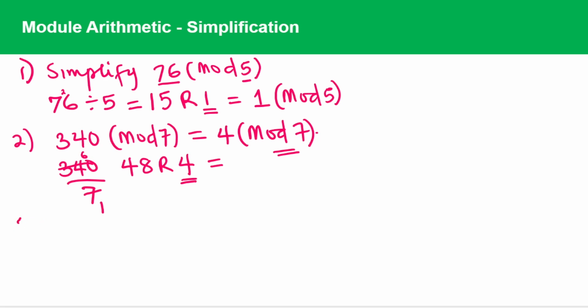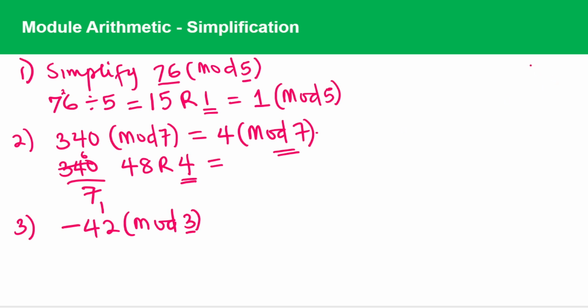Now suppose we have negative numbers. Let's say I have minus 42 mod 3. How do I simplify minus 42 mod 3? What you do here is look for multiples of 3 that are greater than or equal to 42.